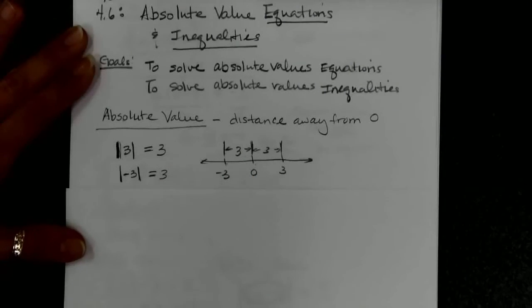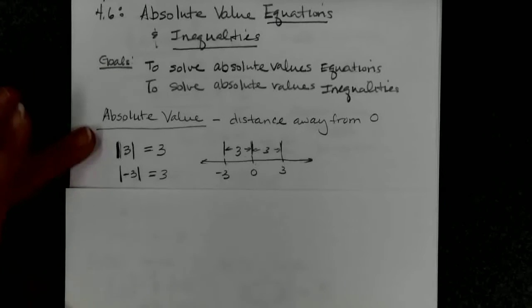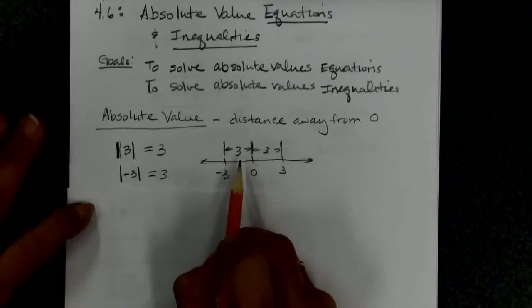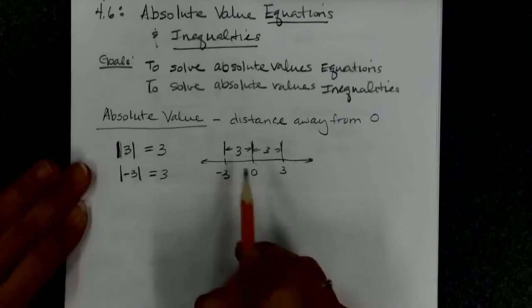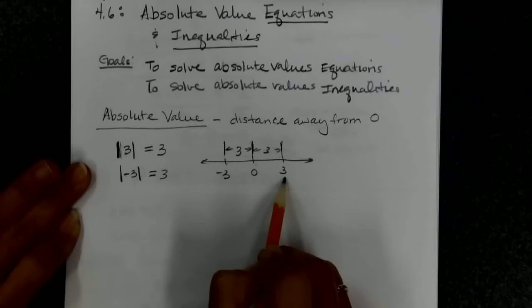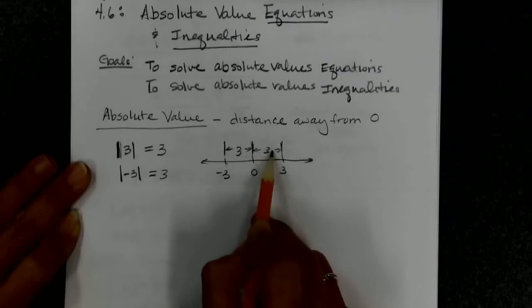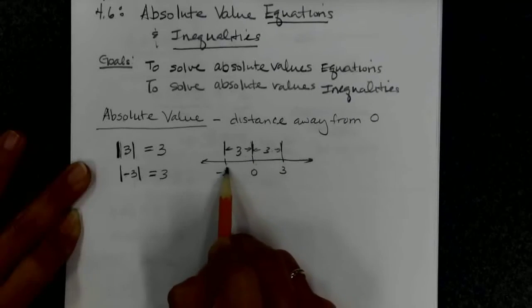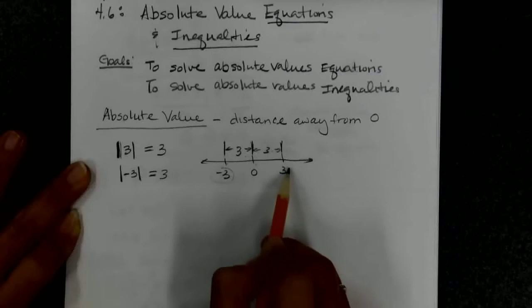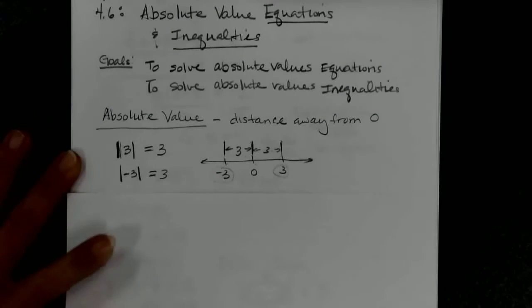So today when we're talking about solving absolute value equations, this time what we're going to be asking is, if I said the distance was 3, what are the two numbers that are 3 units away from 0? And you would say x equals 3 and negative 3. Okay, so here's an example.